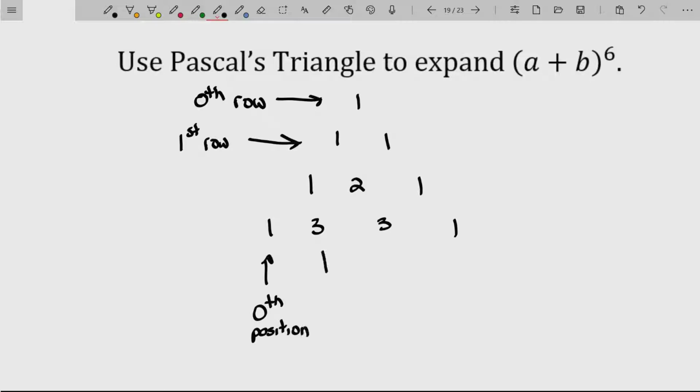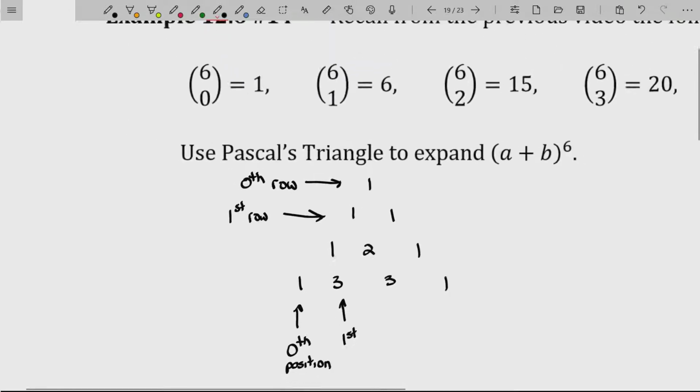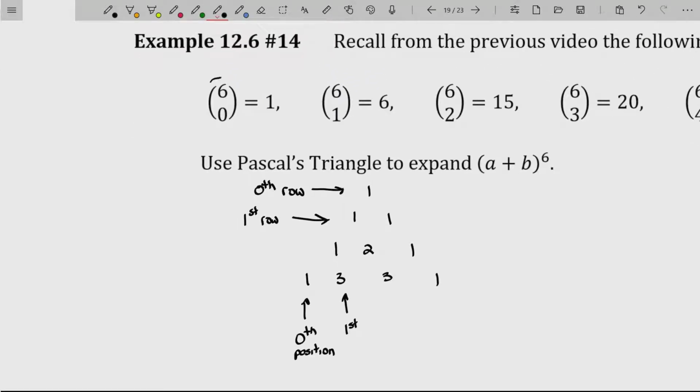So therefore this would be the first position, right? And that means that when we go to the 6th row of Pascal's triangle in the 0th position, the number should be 1. The 6th row in first position, the number should be 6, and so on and so forth.